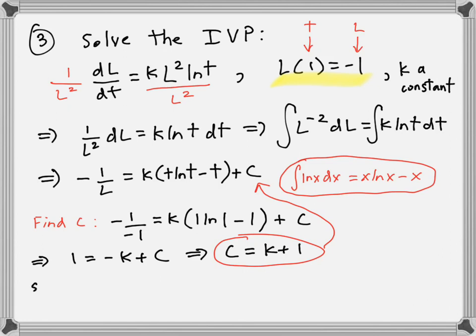So our solution, negative 1 over L is equal to k times t ln t minus t plus k plus 1. You could solve for L here if you wanted to. It's not necessary. So I'm going to go ahead and leave the answer this way.